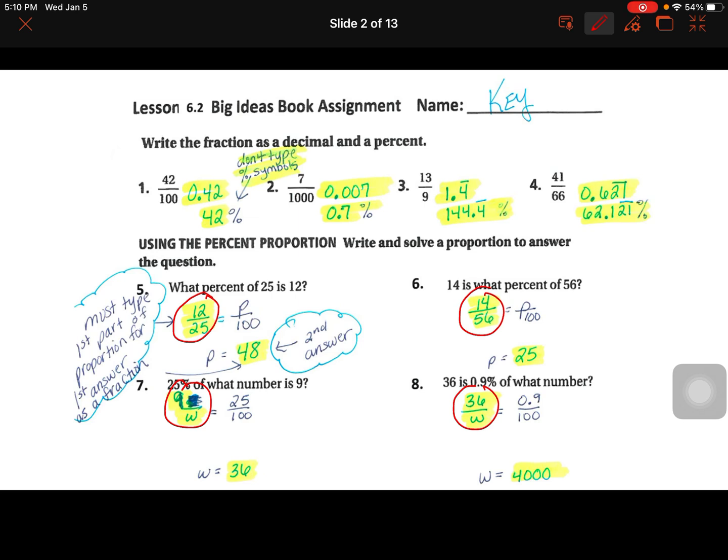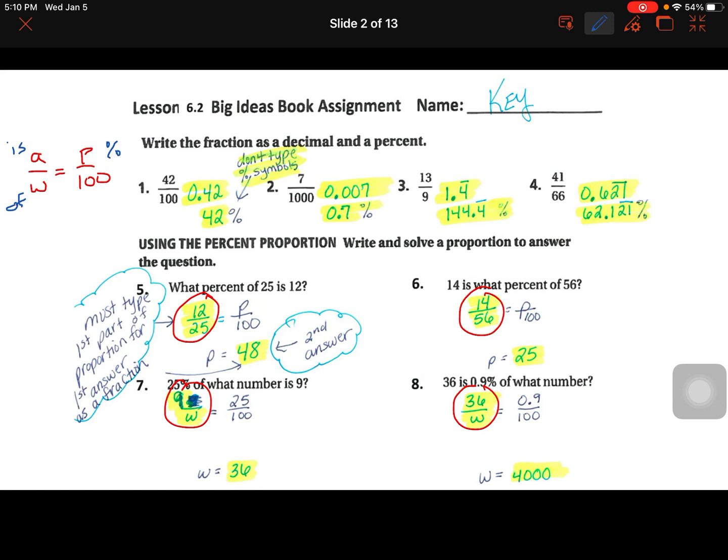Remember, the big idea from yesterday is we have a proportion, and it's going to be A over W equals P over 100. The A, the easy word is, that's the part or the amount. The of is your whole, and the P is your percent, and all percents are out of 100.